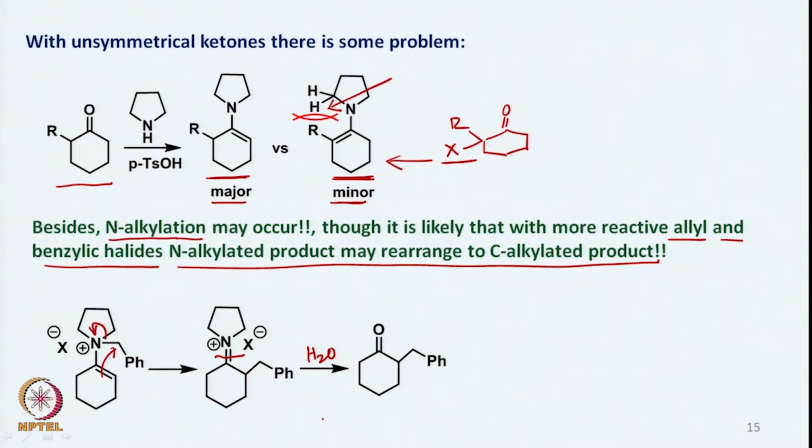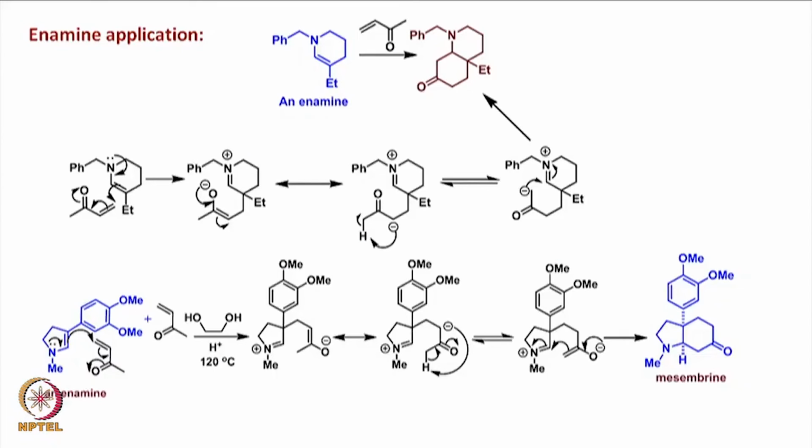Nevertheless, it has been a very useful method, like for example as you can see, if we take an enamine of this kind and react with an alpha beta unsaturated ketone such as methyl vinyl ketone, then we get this particular type of bicyclic molecule in one step. How does this reaction occur?